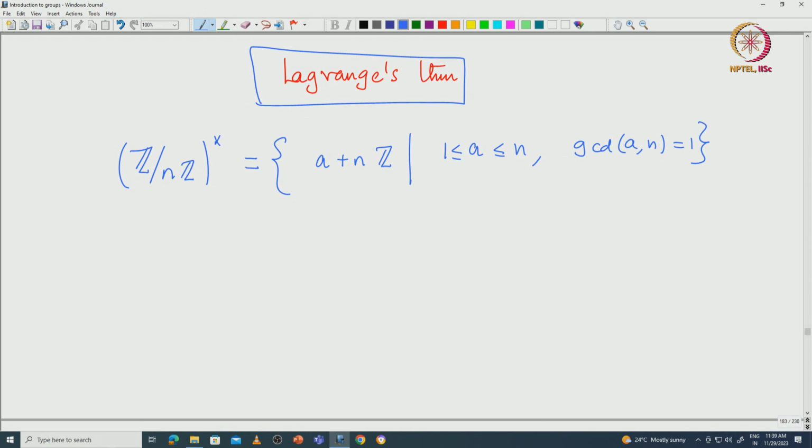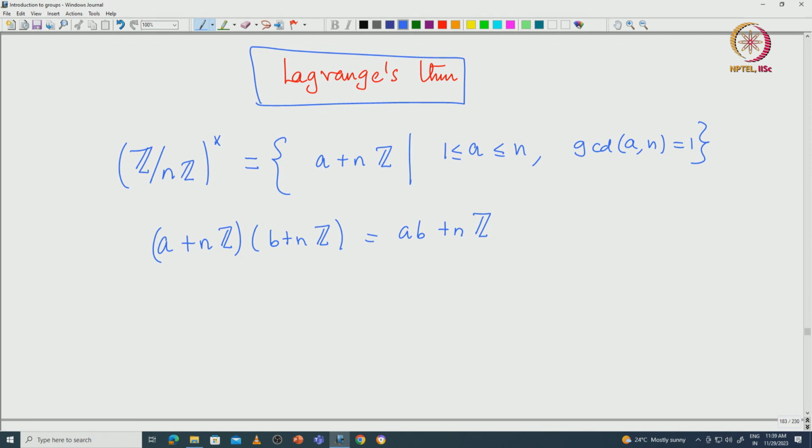And the multiplication is defined as A plus NZ times B plus NZ equals AB plus NZ. So the multiplication is inherited from the ring Z.